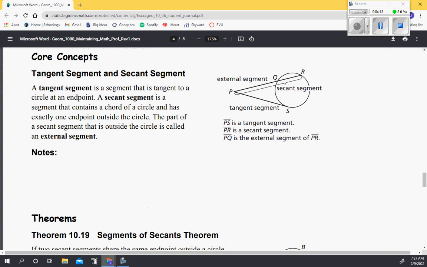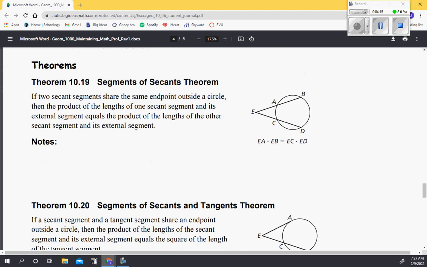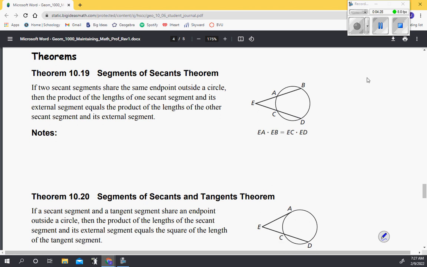There's our drawing that I just drew. Let's go here. We have an exterior angle like we have here at E. We're just talking about the segments, not the angles.